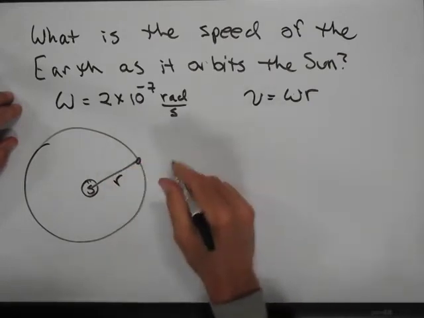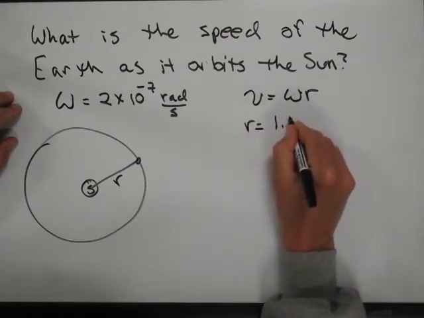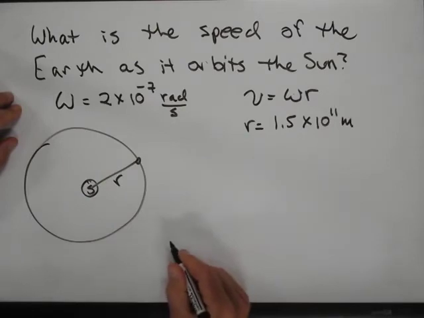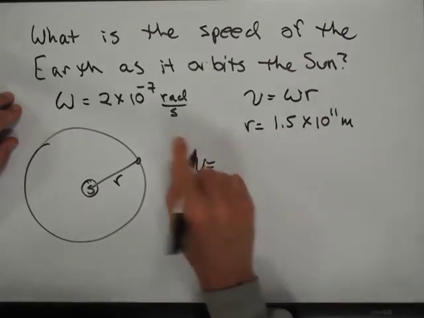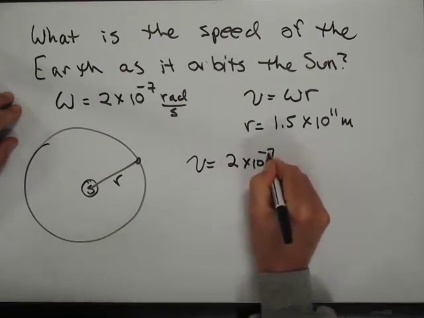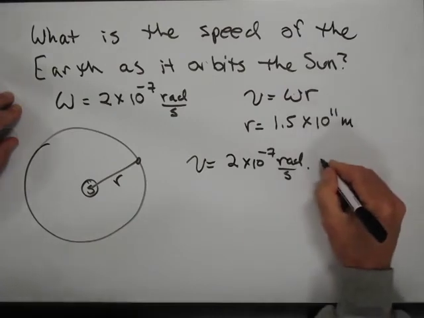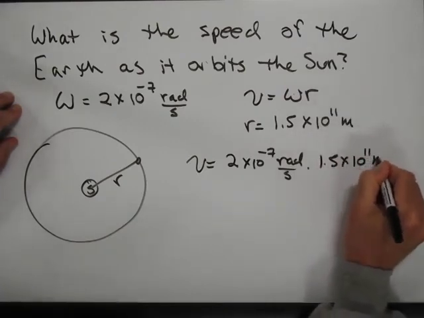The radius for the Sun-Earth orbit is about 1.5 times 10 to the 11th meters. So if we multiply that out, v is equal to omega, which is 2 times 10 to the minus 7 radians per second, times the radius, which is 1.5 times 10 to the 11th meters.